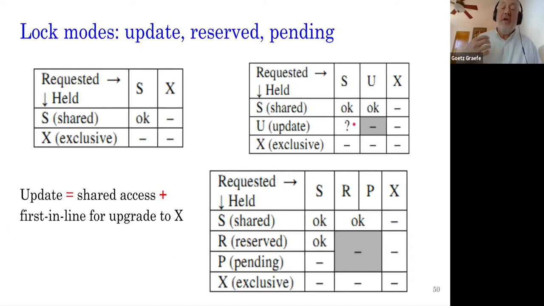But what if the first transaction holds an update lock and the second transaction only wants to read? Well, you could argue either way. You could say, well, the first transaction only has an update lock. It doesn't have an exclusive lock yet. So while the first transaction decides whether or not to indeed upgrade to exclusive, let the other reader proceed. So you could say yes.